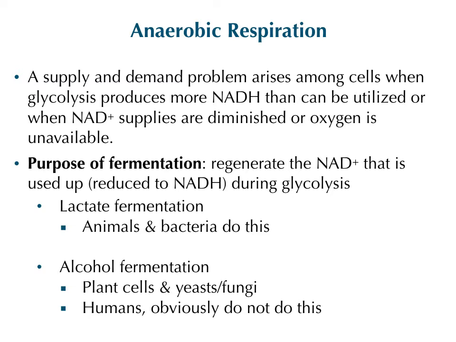And so our supply of the oxidized form of that coenzyme, the NAD plus, becomes diminished, or oxygen just simply isn't available for aerobic respiration. So our purpose of fermentation is that we can continue to regenerate our oxidized form of our coenzyme, the NAD+.